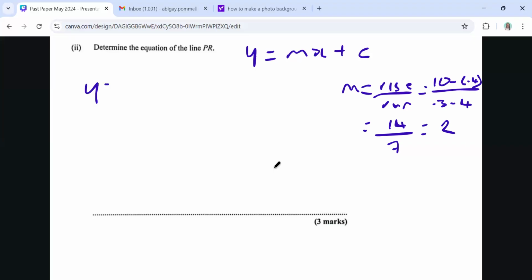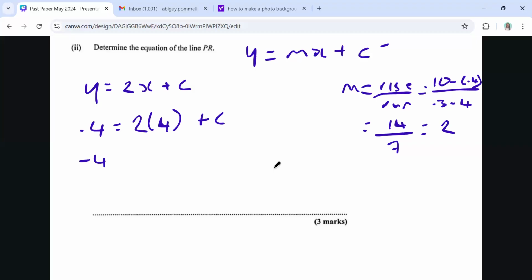So now we need to find what c is. We know that m is 2, plus c. Now I can use the points given to me to represent y or x. Either I choose P or R. I am going to choose R. So y is going to equal -4, 2, and x is going to equal 4, plus c. So we're finding c.